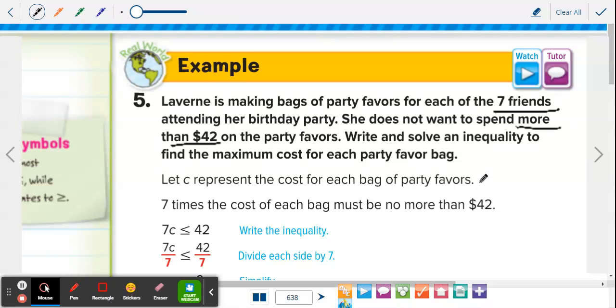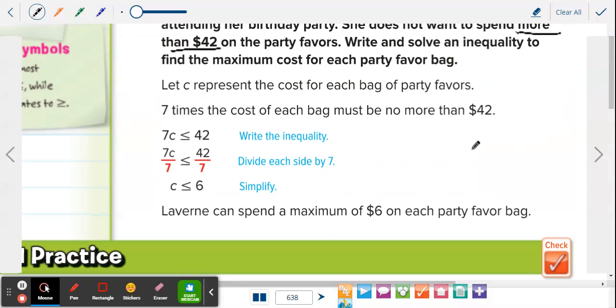Okay, so what do we not know here? Exactly. We don't know how much each bag that she's going to give to her friends is going to cost. But we know she's giving out how many? 7. So to figure out your price, you would do 7 times the money that the bags cost, but we don't know it.